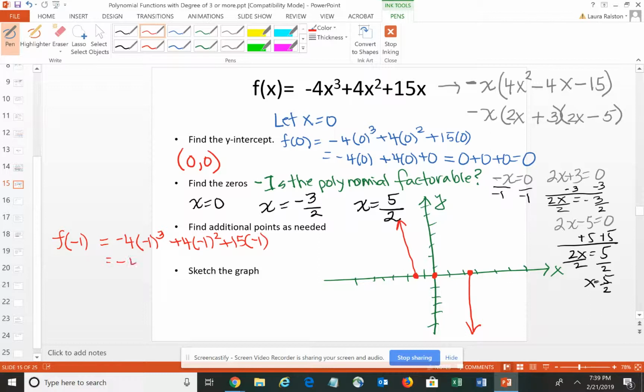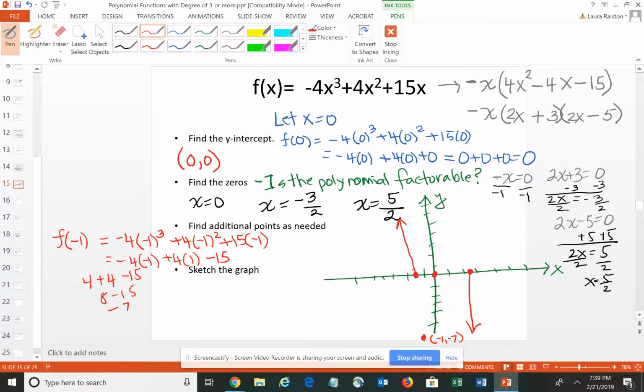So I have negative 4 times negative 1 plus 4 times 1 minus 15. That gives me 4 plus 4 minus 15. That's 8 minus 15, or negative 7. So at negative 1, I'm going to be down here at negative 7.